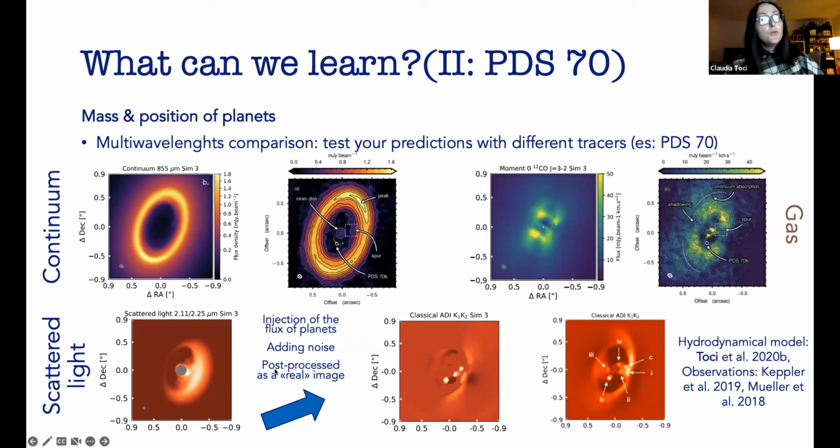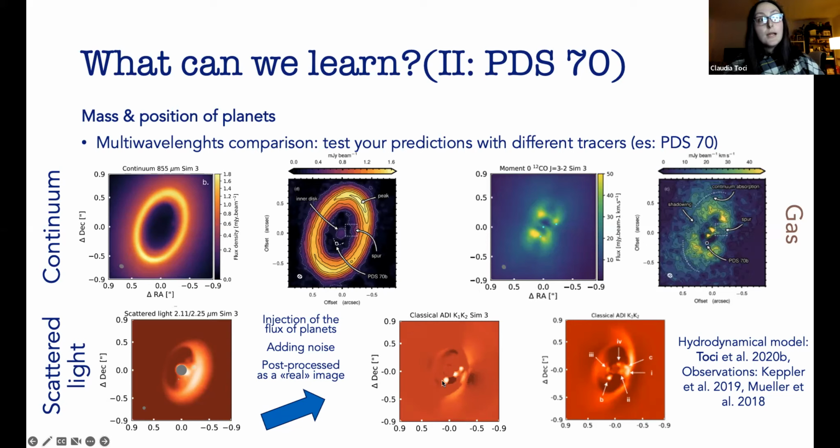So you treat your synthetic flux as a real image. You use the same pipeline, and those are our synthetic observations. And here, as a comparison, the observation of Müller et al.